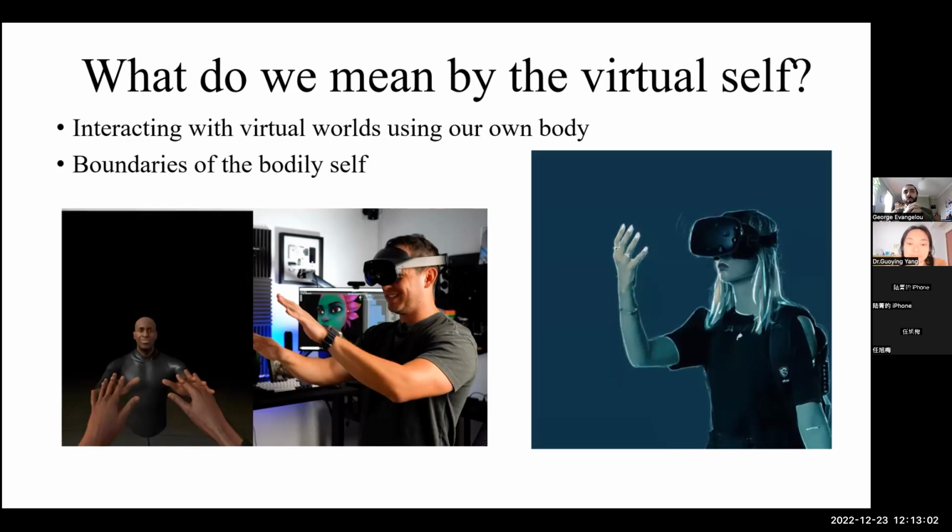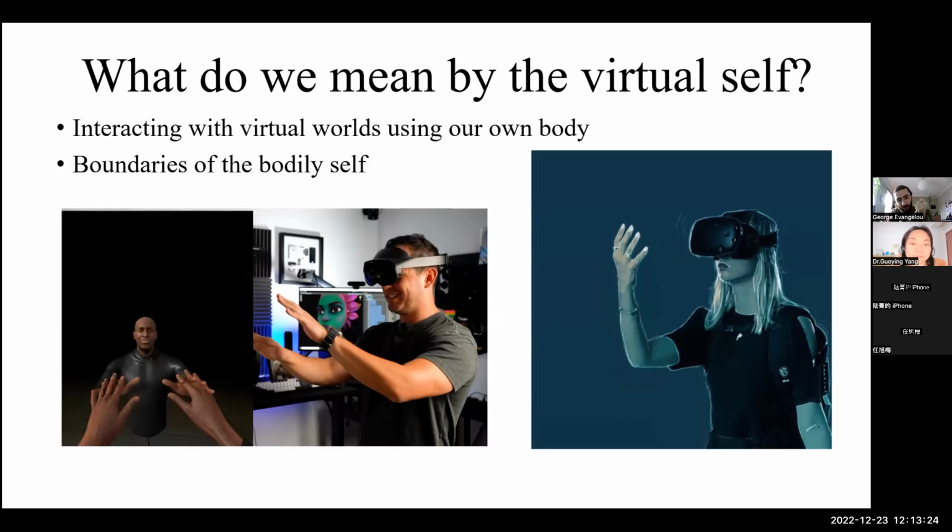And so it becomes necessary to understand the boundaries of this bodily self, as it's normally tethered to physical laws and properties. But in the virtual worlds, we can manipulate this as we like, or try to target it to make it as physical as we want. But these boundaries of the bodily self can be blurred.